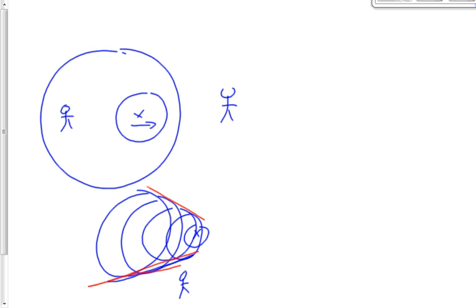As an airplane goes faster than the speed of sound, and that wave catches up to us, you hear that sonic boom. Anybody ever gone water skiing or wakeboarding? Probably not water skiing behind a boat that looks like that, but pretend you are for a second. If you're right here in a tube or swimming, and this boat goes by you, when the wake from the boat goes by you, what happens?